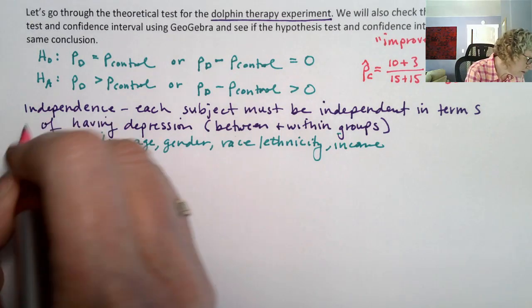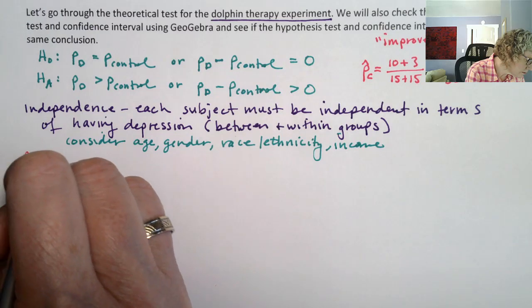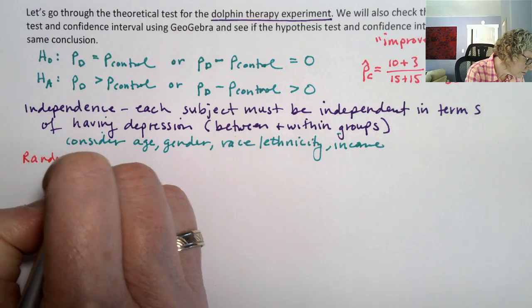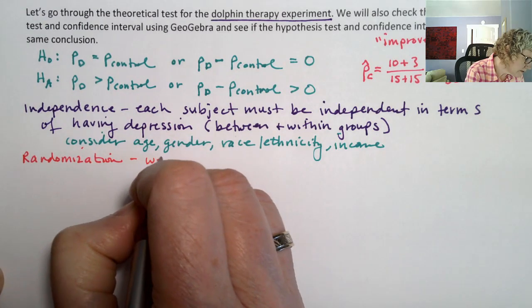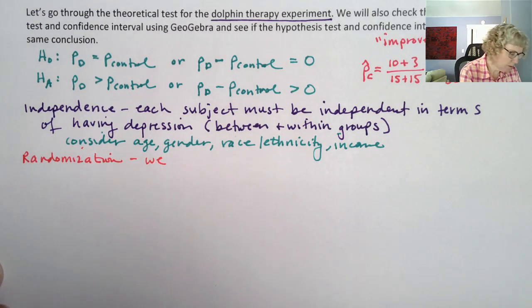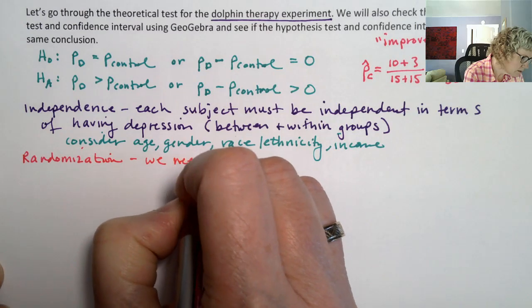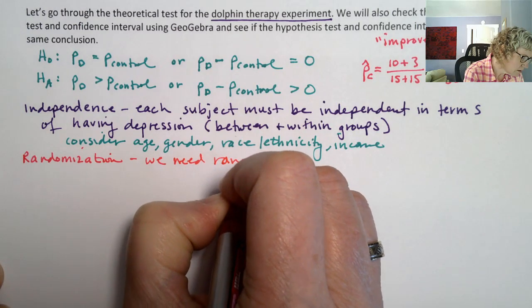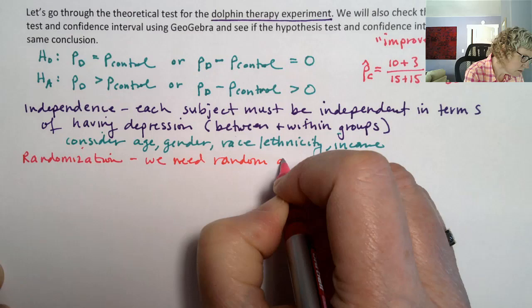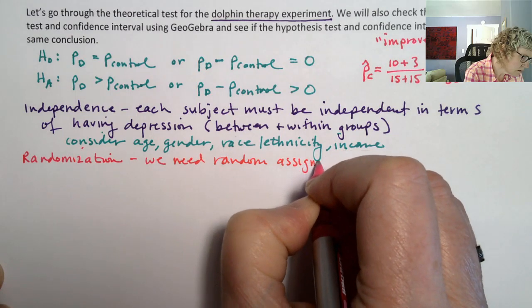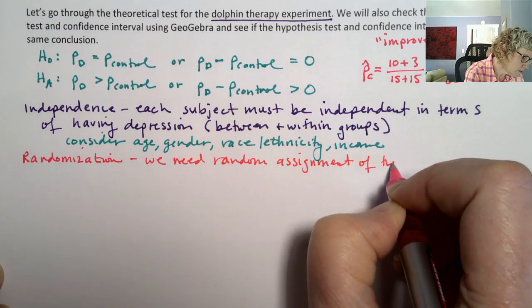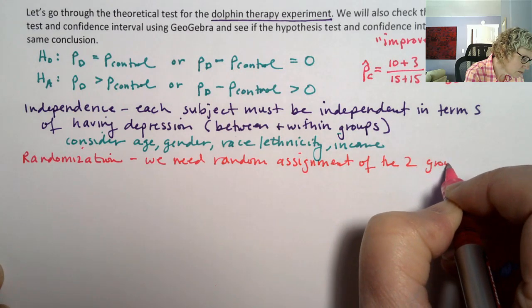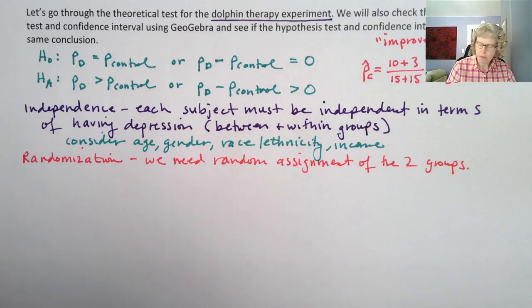Okay, randomization. Okay, so we need, because this is an experiment, we need random assignment of the two groups. I'm pretty sure that was in the problem statement.